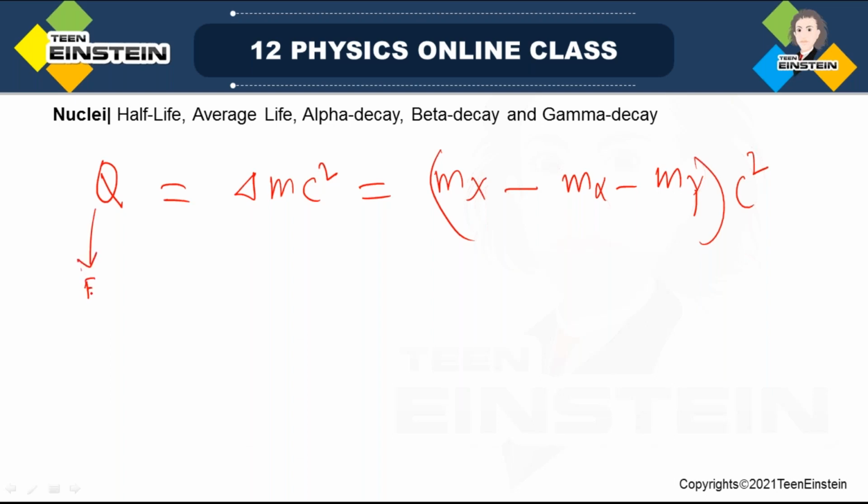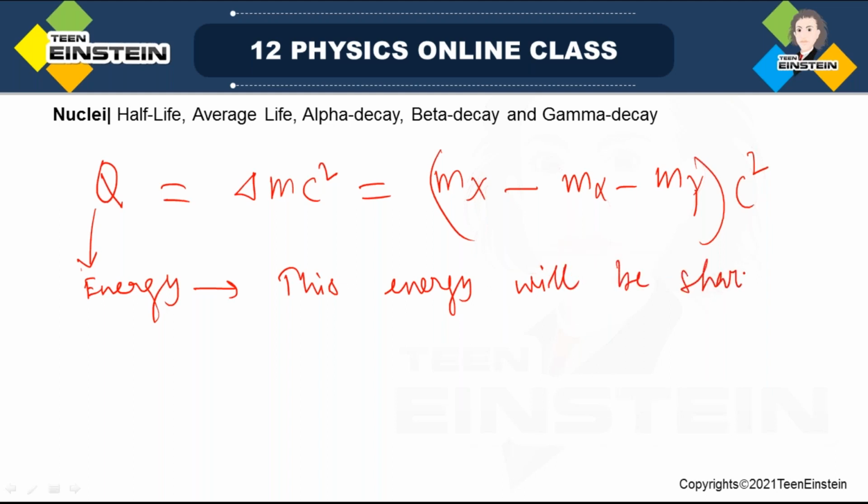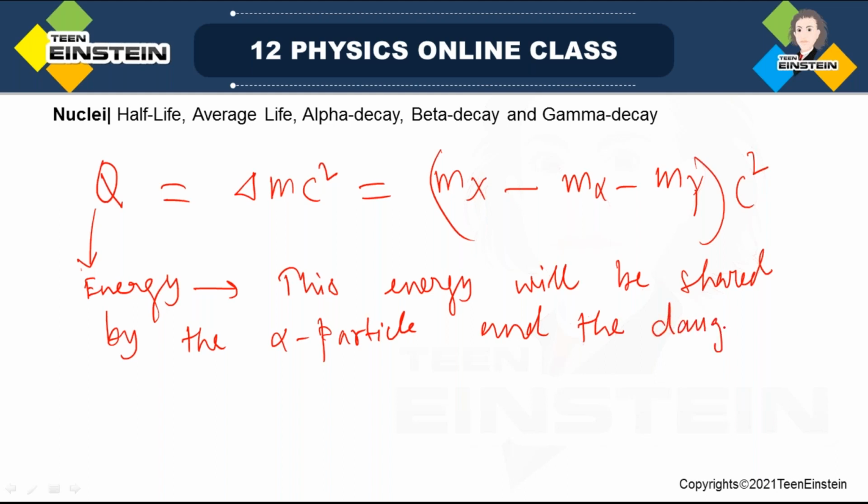This Q value is energy, also called mass energy, and it will be shared by the alpha particle and the daughter nucleus as kinetic energy.